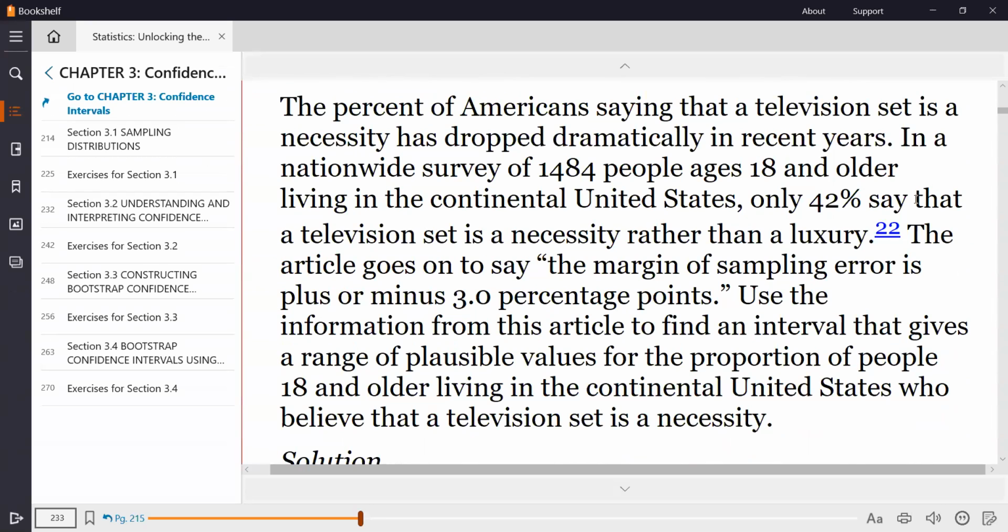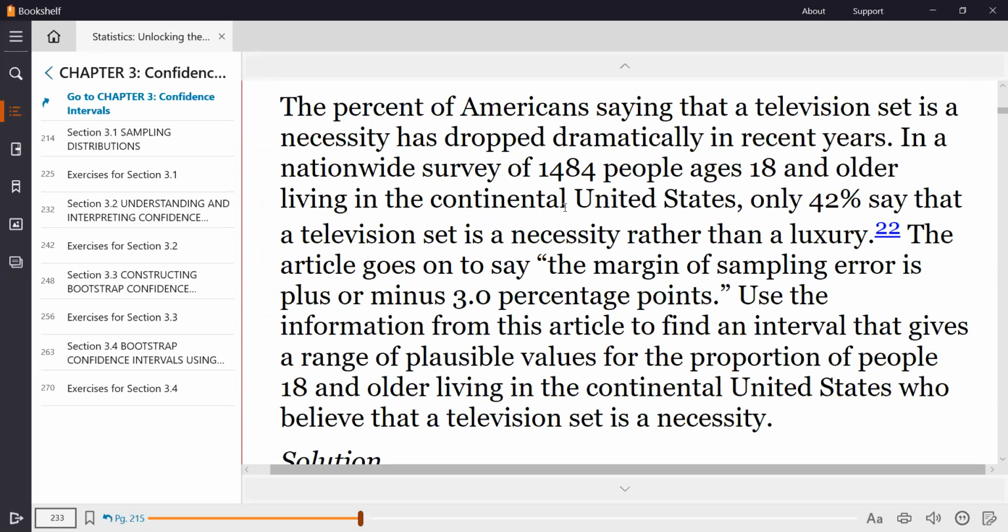And here's another example of that. Percent of Americans saying that a television set is a necessity has dropped dramatically. In a nationwide survey of 1,484 people, this is our sample size, ages 18 and older. Remember, this is just the age, it's describing the population. These are people in the US who are 18 and older living in the continental US.